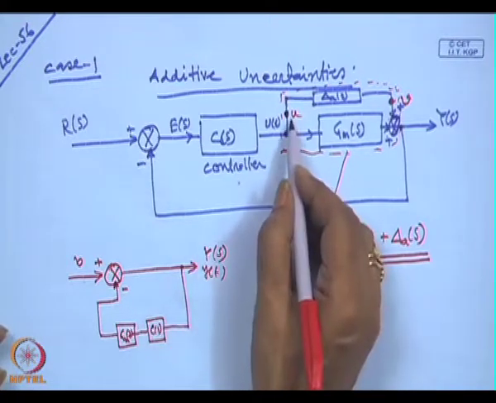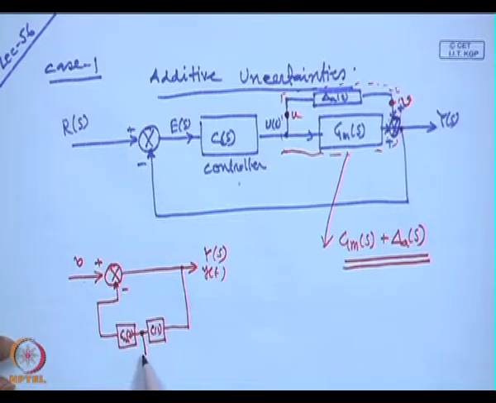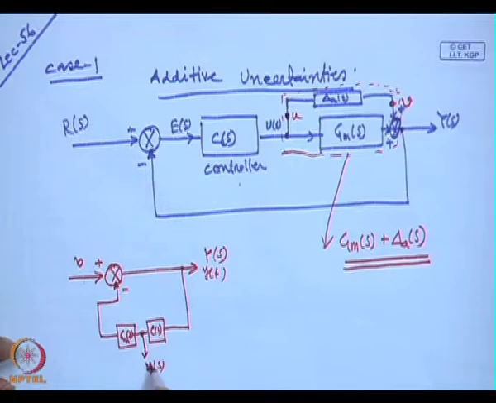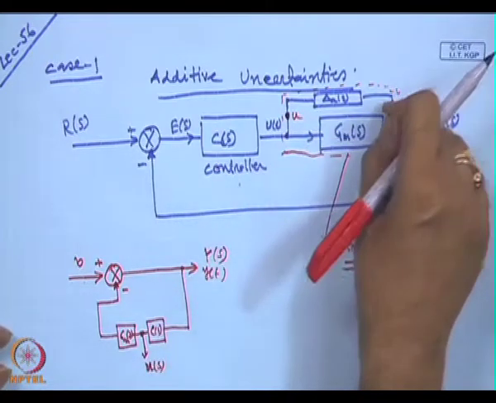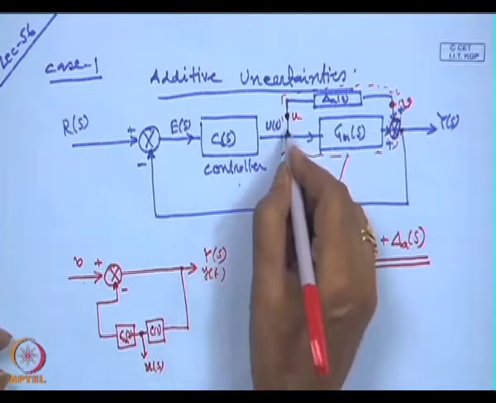Then which one is our V? The output of the controller is our u. So, we have to find out the transfer function between this point, which is the input, and this, which is the output.